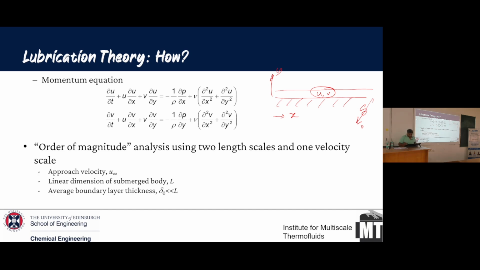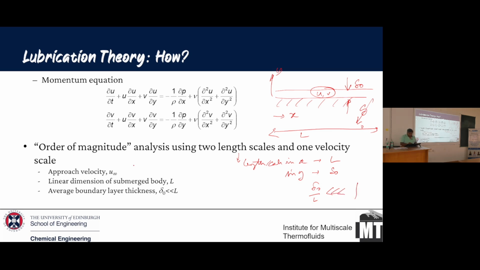So obviously, this particular length scale is delta naught, this particular length scale is L. So the length scale in x, the free stream, is the body size, that is L. The length scale in y is delta naught, and delta naught by L is much, much less than 1.